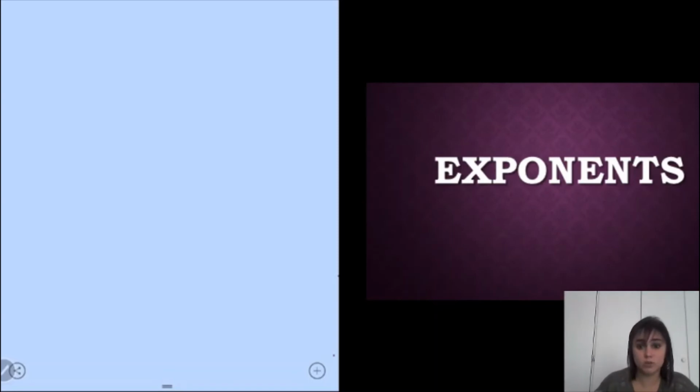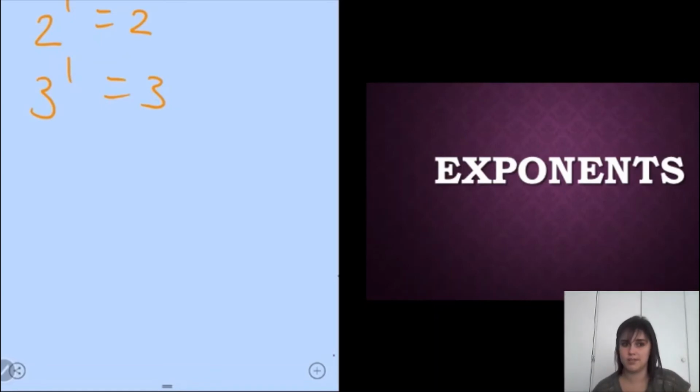That means like your timetables. Same way you will do here. You'll say 2 to the power of 1 is 2. 3 to the power of 1 is 3. Do you guys see? Because it's only 1. Remember that. Because lots of times you guys forget that that 1 basically just refers to the number itself.